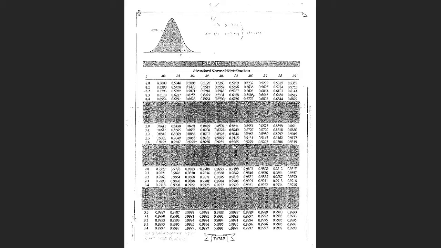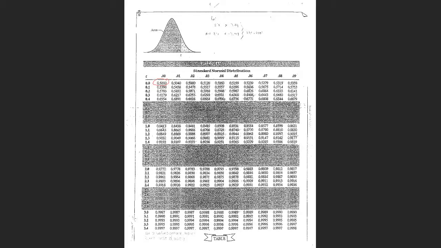And notice that the area to the left of a Z score of 0, which remember is the mean, is 0.5. But this table still gives you area to the left. So we're going to look at a few examples and see how we would use this to answer a few questions.